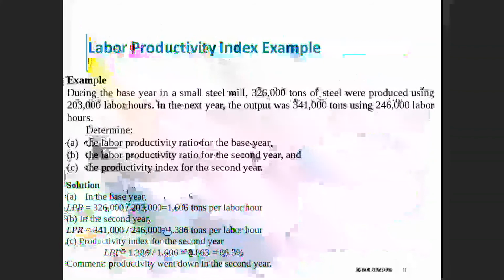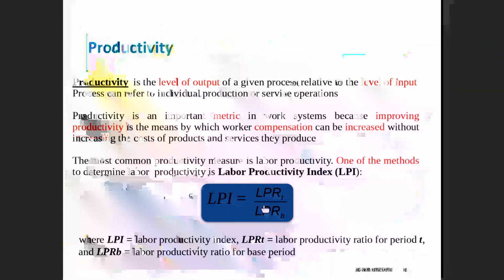After you got the two ratios, you can tell from the beginning that the ratio in the second year has been reduced. But to get the productivity index, اللي هو خلينا نقول معيار اللي انت بتستخدمه للproductivity, you divide the LPR for T that you found in part B on A, based on the formula here, the LPRT for the second year divided by the LPRB for the base year.